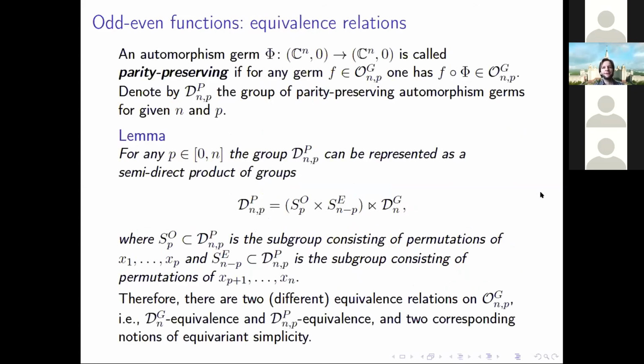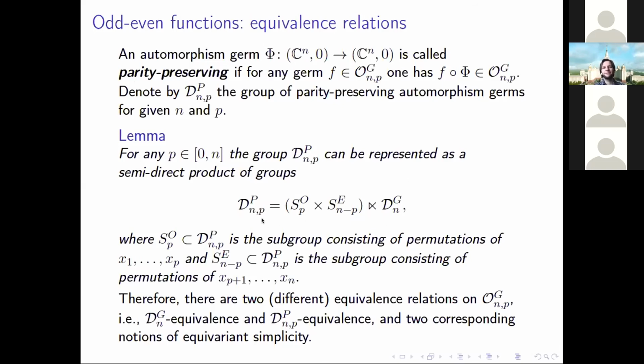So we decided to consider a wider class of automorphisms, more precisely the class of parity preserving automorphism germs. So these are the automorphisms that preserve the property of a function being odd even. And how many of such automorphisms are there? So the answer is here.